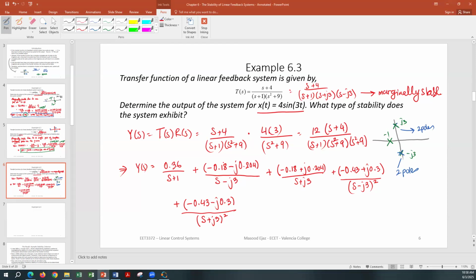That's my 0.27 angle negative 131 degrees, 0.27 angle positive 131 degrees, and this is going to be 0.53 angle 145 degrees, and 0.53 angle negative 145 degrees.